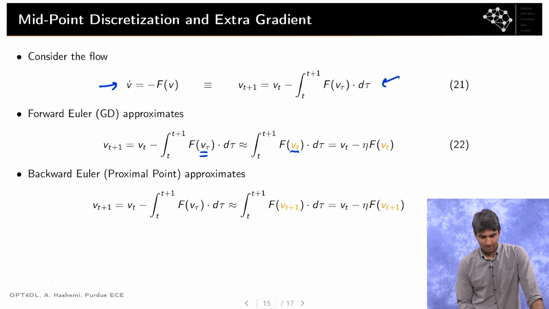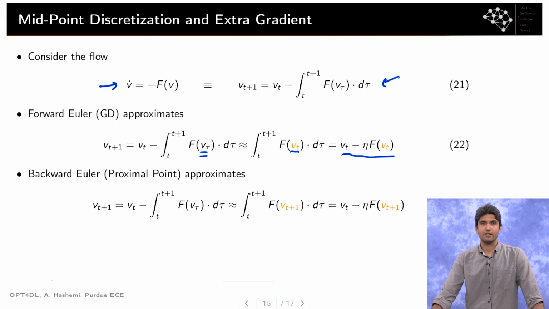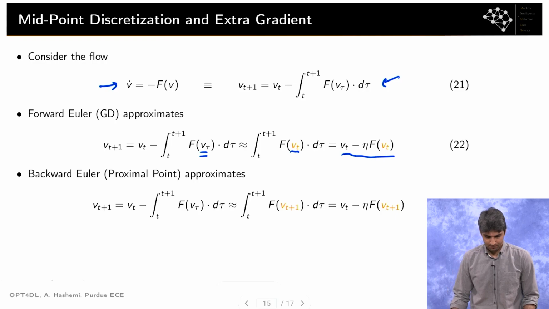Once we do this approximation, the integrand is basically a constant, it doesn't change with tau anymore. So I can bring that out, take the integral, it will be 1, and I'm going to reach this update. This is precisely the update of gradient descent, right? That's why we say that there is this association between gradient descent and forward Euler discretization.